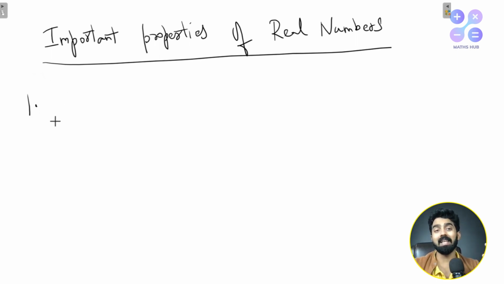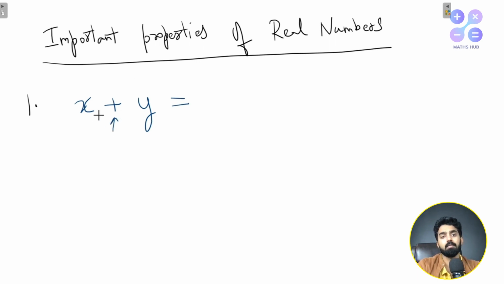You don't have to worry about the name, but basically the property is very simple. It says that if you have two real numbers, x plus y would always be equal to interchanging them. The order here will not really matter. You can say y plus x. So x plus y would be equal to y plus x.